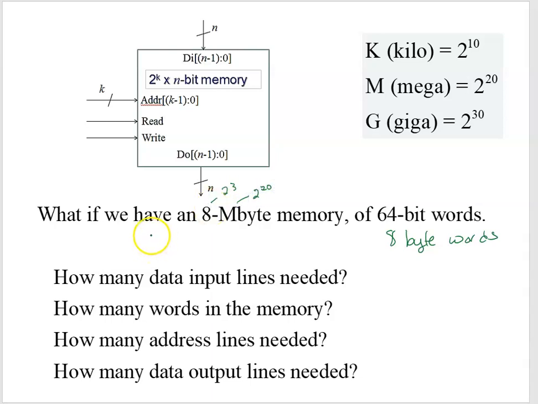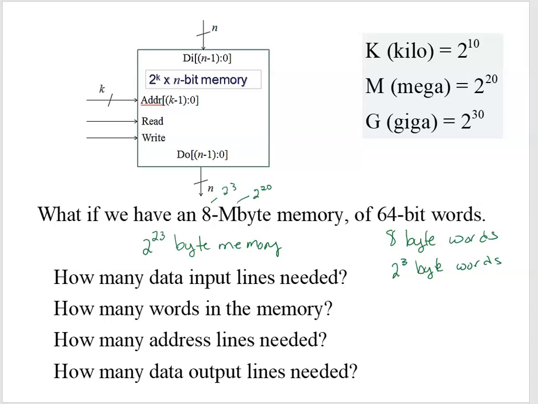So we have a 2 to the 23 byte memory, and we have 2 byte words. So that's how we have to determine the number of address lines we need.